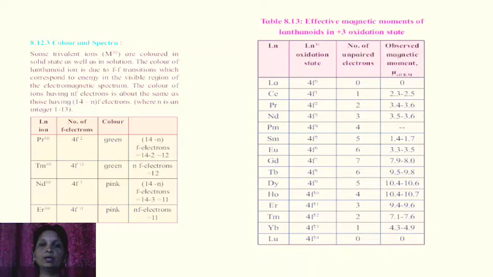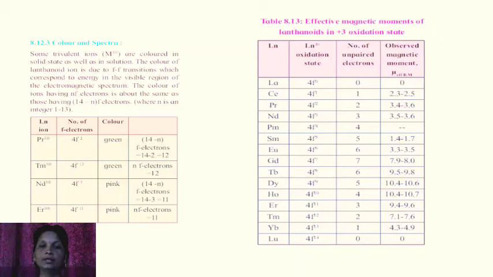Now the effective magnetic moment of lanthanides in the +3 oxidation state. The magnetic moment depends upon the number of unpaired electrons. Lanthanum in the +3 oxidation state has 0 unpaired electrons, so the observed magnetic moment is 0. Cerium has 1 unpaired electron, because in the +3 oxidation state it has 1 electron in 4f.